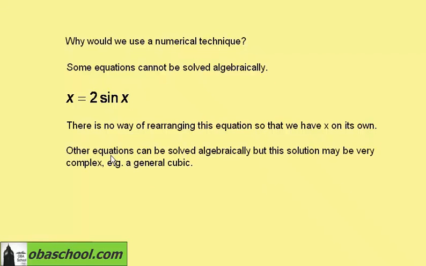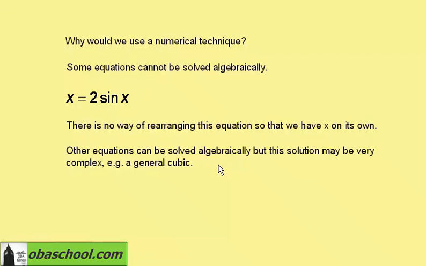Other equations can be solved algebraically, but this solution may be very complex, for example a general cubic. Most of the cubics you've solved have worked out nicely because using the factor theorem enables you to find at least one of the factors. This is not always possible, and the questions that you've been given are worked out very carefully for you.